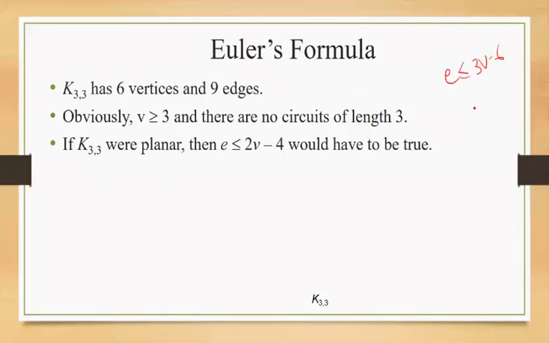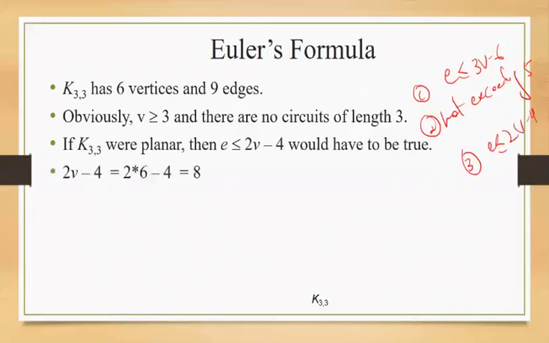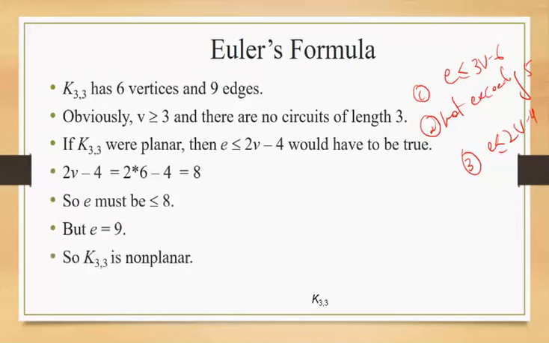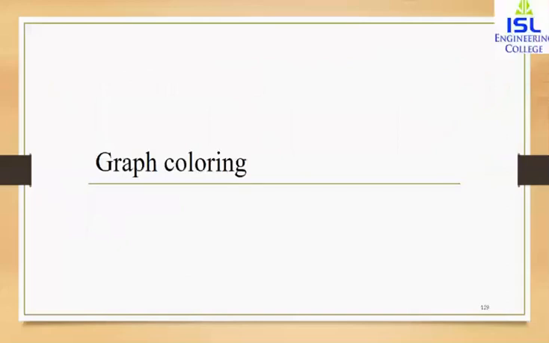The second is that G should have at least one vertex of degree not exceeding 5. And the third one is E should be less than or equal to 2V minus 4. So 2V minus 4 is 2 into 6 minus 4, which is 8. E must be less than or equal to 8, but E is equal to 9. So K33 is non-planar.